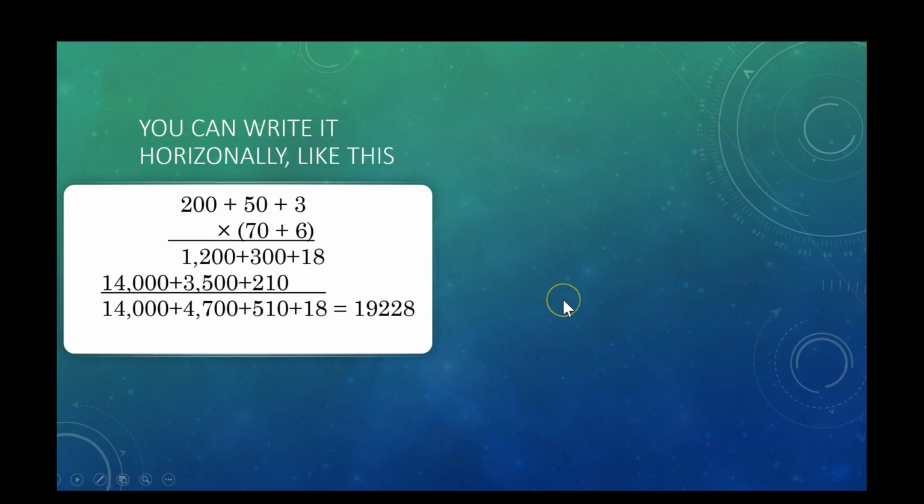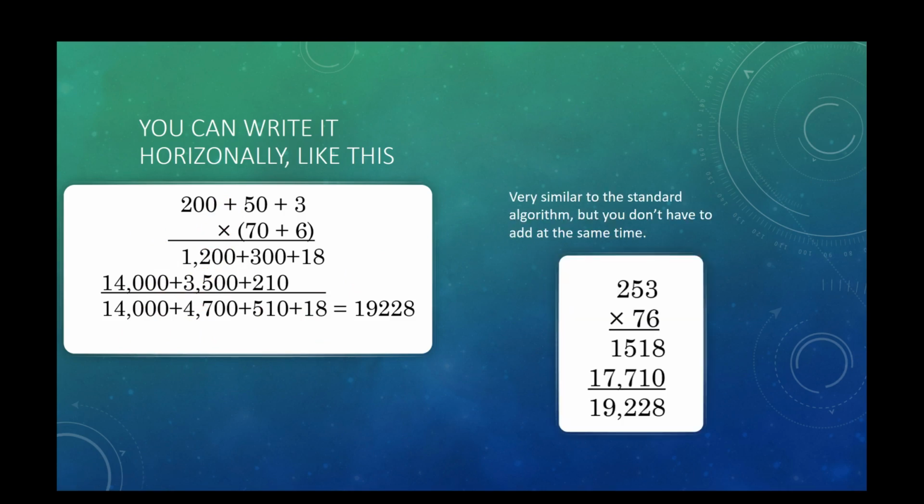Much, much easier, and also much more similar to our standard algorithm, which is here. Notice how I moved the 210 over one place, just as here you put a 0 to move this line over one place. This makes us line up similar place values as we go.